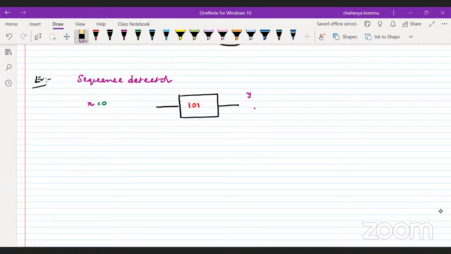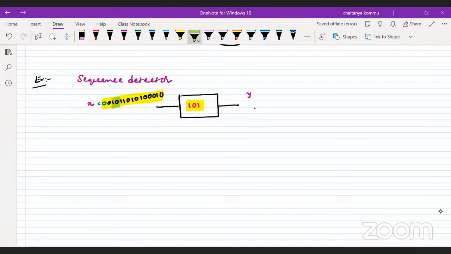I have a set of inputs here: 0 0 1 0 1 1 0 1 0 1 0 0 0 1 0, something like that. A set of bits are coming one by one, and I want the output to be produced only if a continuous sequence of 101 is observed.